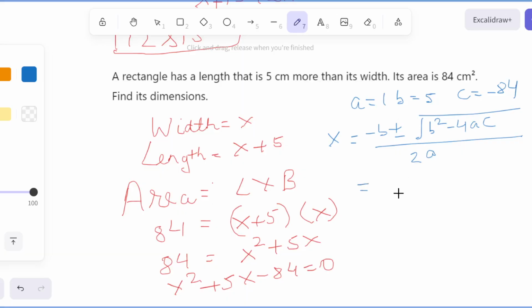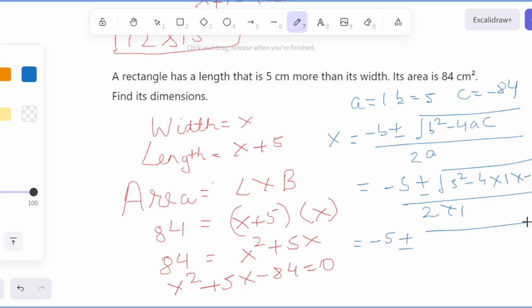So minus b is what here? Minus 5 plus minus the square root of 5 square minus 4 times 1 times minus 84, divided by 2 times 1. Now just expand it. Minus 5 plus minus, 5 square is 25, and 4 times 84 you need to do. You can do it over here.